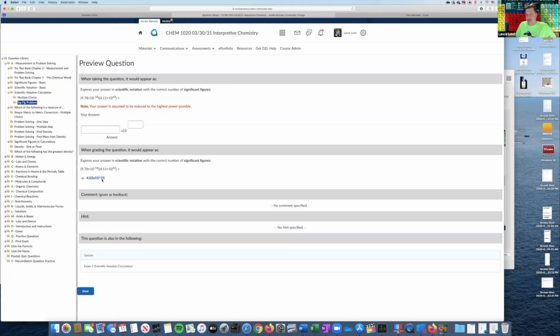To me, that screams 1970s and 1980s. That doesn't scream 2020 to me. And I'm really annoyed that D2L hasn't figured out how to write out numbers in scientific notation using exponents.